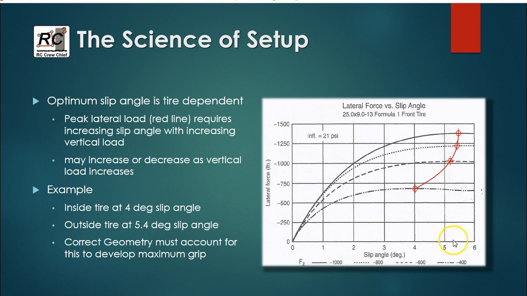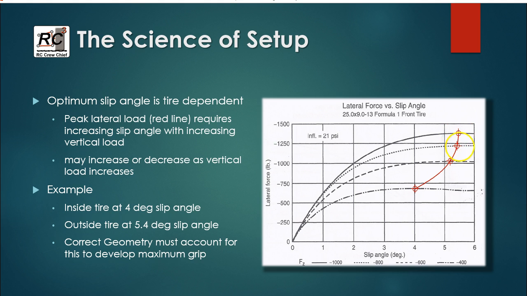In the case of the bottom, it's 400 pounds. So increasing vertical force gives you increasing lateral force as long as you have a slip angle. So this slip angle here with this tire requires that the slip angle increases with increasing vertical load.